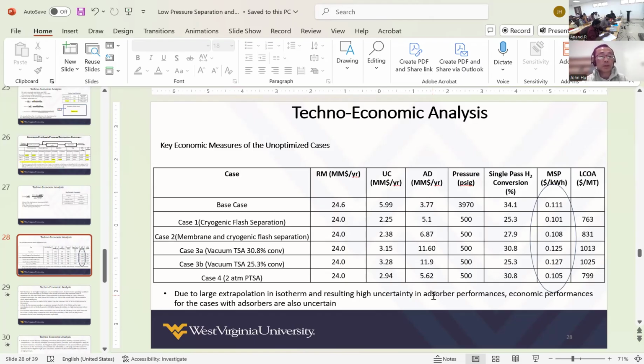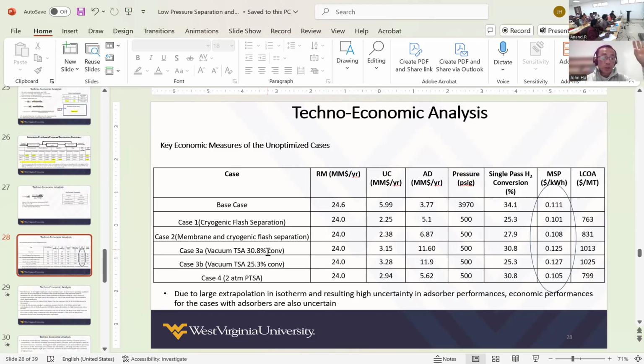That's what government is supposed to pay for. But industry is all about the money. They do TEA first before they even invest. So the TEA is very important. But a lot of researchers undermine the TEA. But anyway, so you understand MSP, all right?